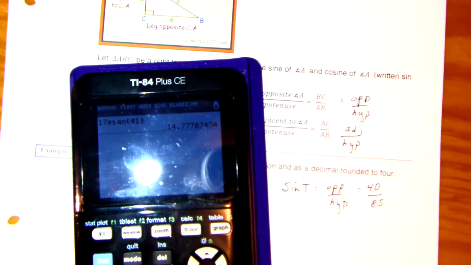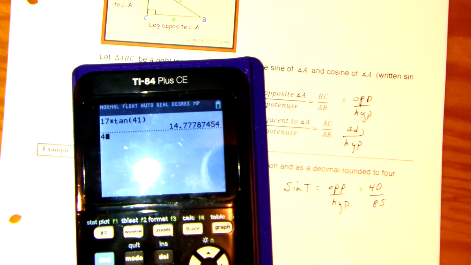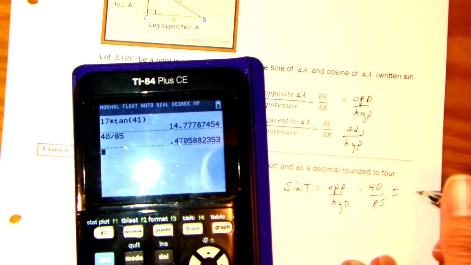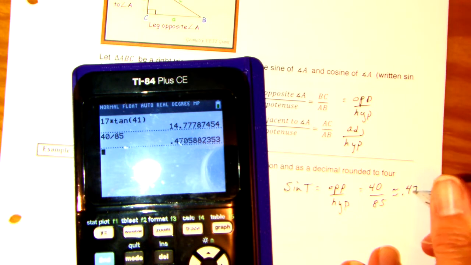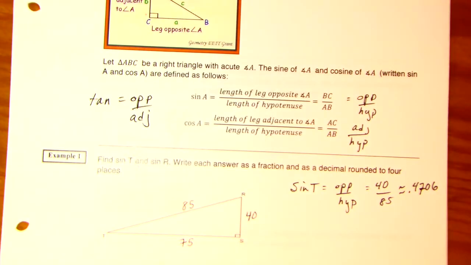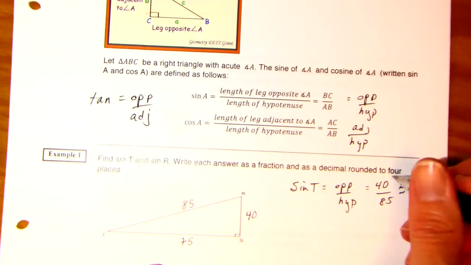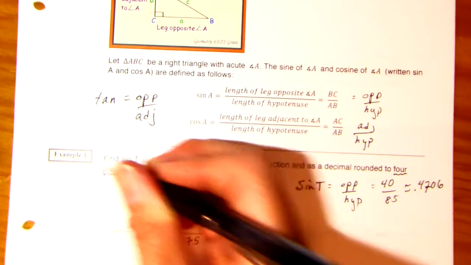Well, I'm just going to put 40 divided by 85. 0.4706. This is usually when you do a trig function, you're going to go 4 decimal places. So, this is one exception to the 3 decimal place rule.